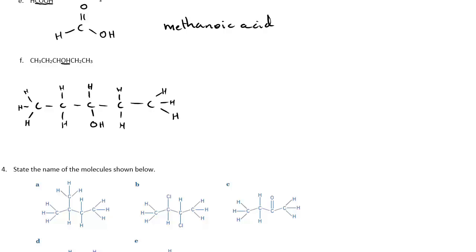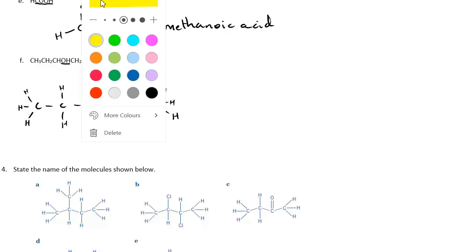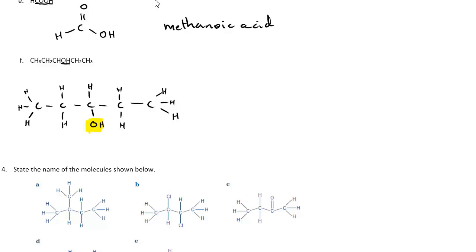Okay, so you can see we have our alkanol or our hydroxyl functional group there. Now, in terms of naming this, again, we start from the side that gives the lowest number to this hydroxyl functional group here. So 1, 2, 3, 1, 2, 3. It really doesn't matter what side you count from, as long as you just get the right name.